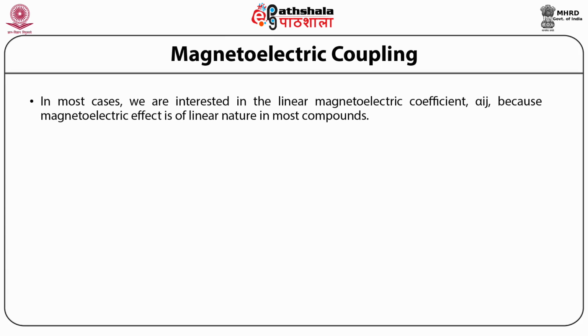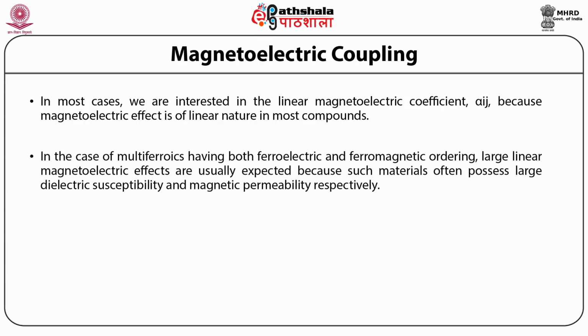In most cases, we are interested in the linear magnetoelectric coefficient, that is alpha ij, because the magnetoelectric effect is of linear nature in most compounds. This coefficient allows one to quantify the dependence of polarization or magnetization on magnetic field or electric field.